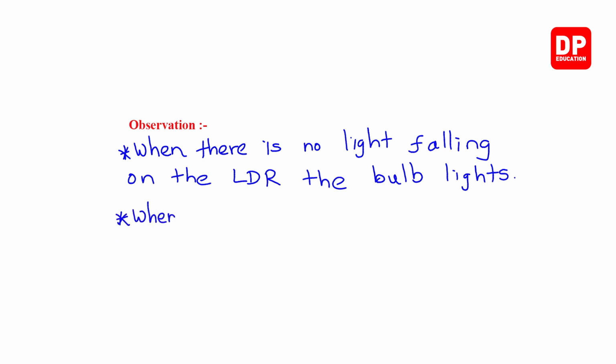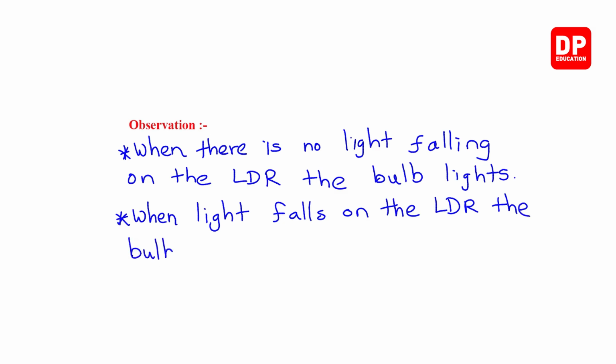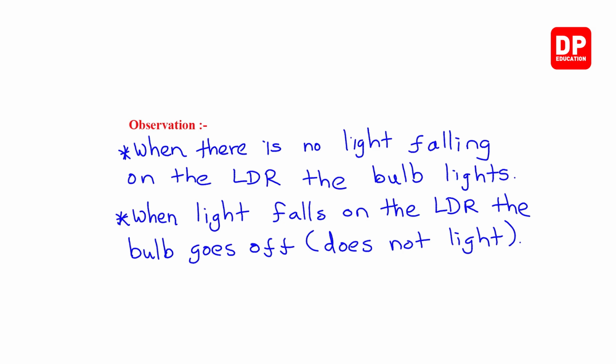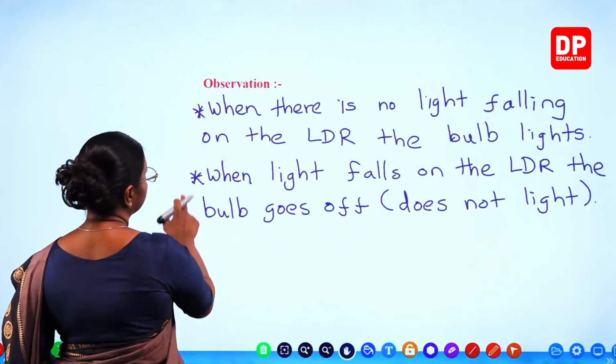When light falls on the LDR, the bulb goes off, or we can say does not light. So that is the observation. From that, what can we conclude?